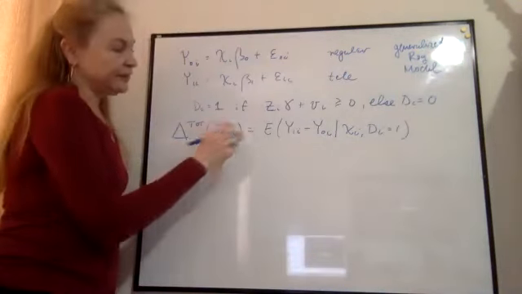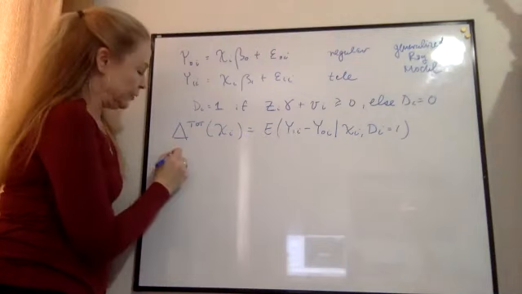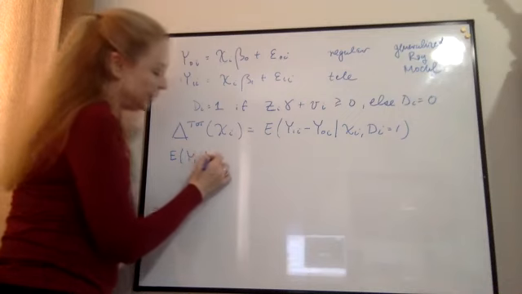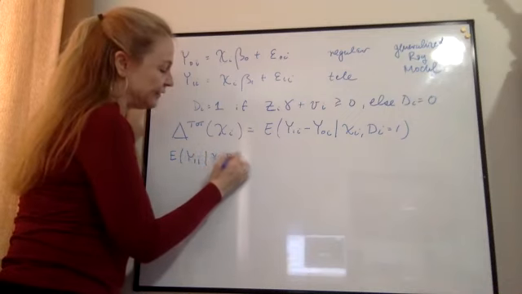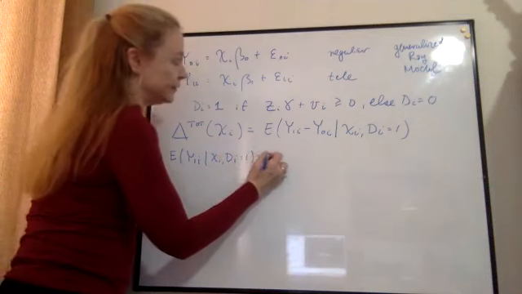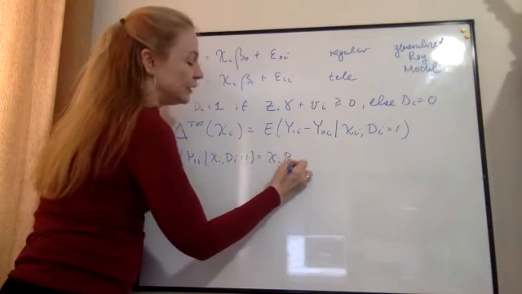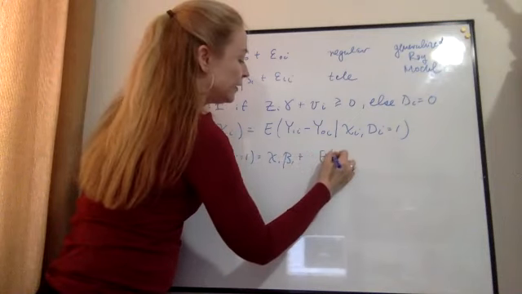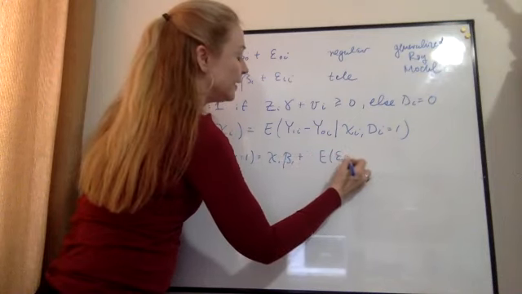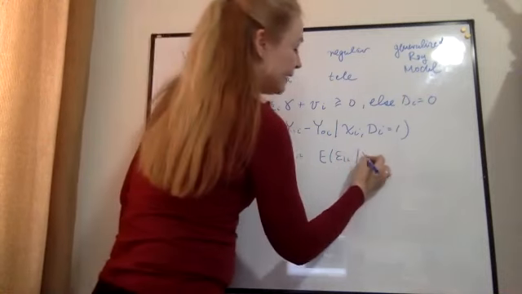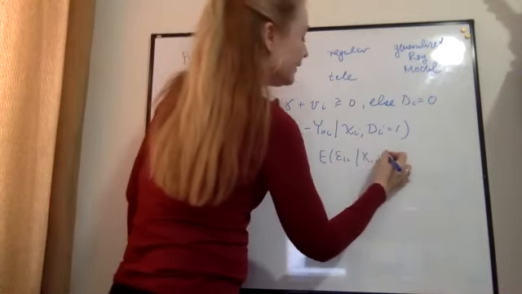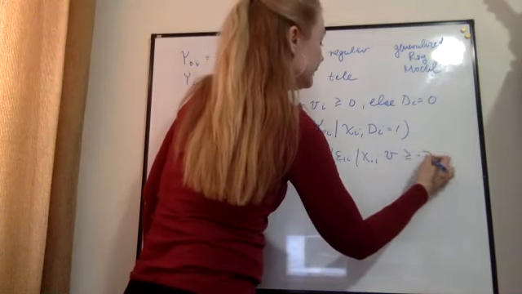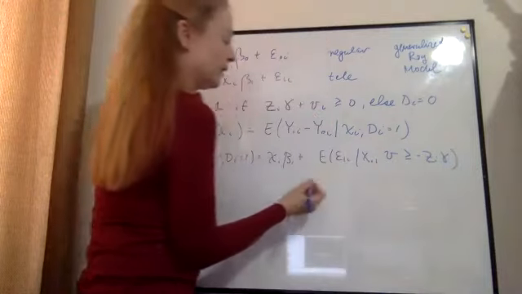All right, so let's look at how we would get this. So E of y1i given X_i given D_i equals 1 is going to be X_i beta 1 plus E of epsilon 1i given X_i given V greater than or equal to minus Z_i gamma.